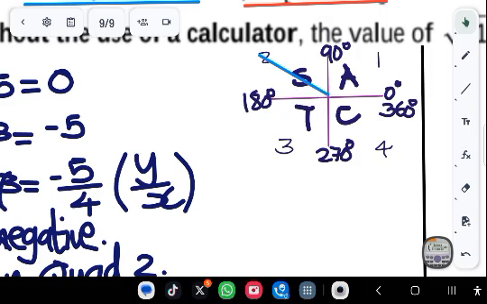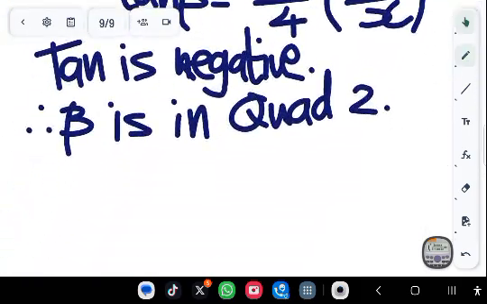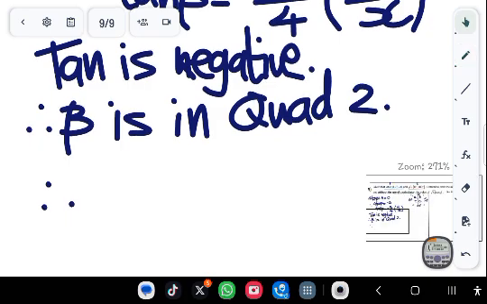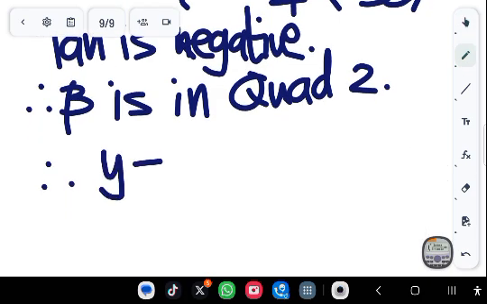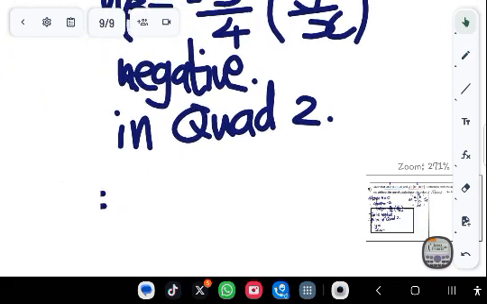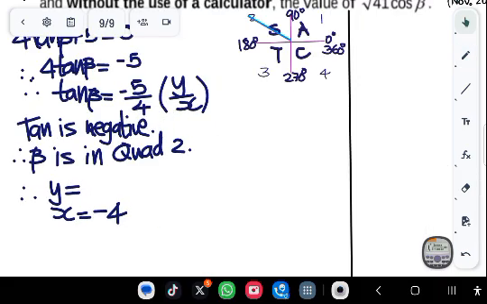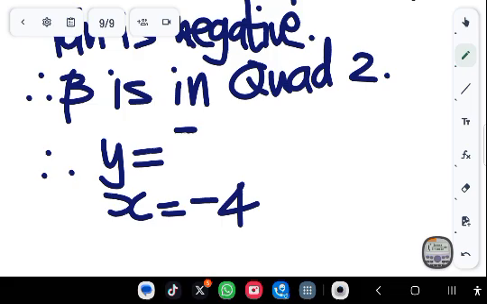It's the x that's negative. So your y is positive and your x is the negative part. The x is the negative 4 and your y is the positive 5. That's how you figure that one out.